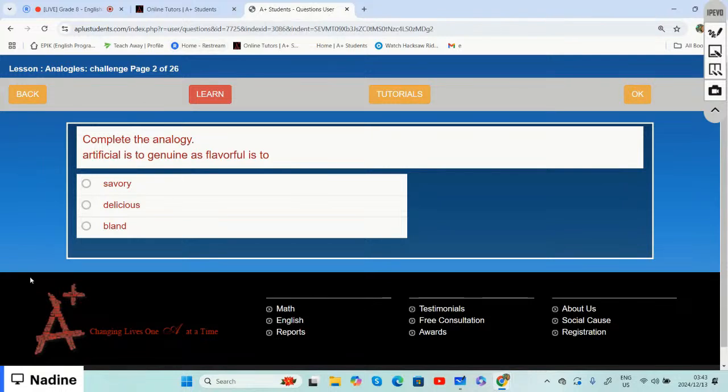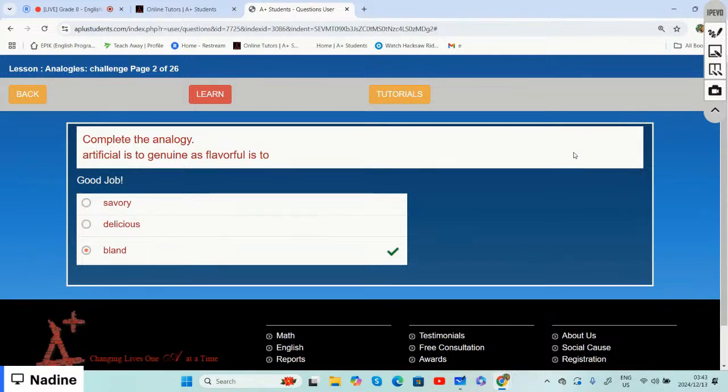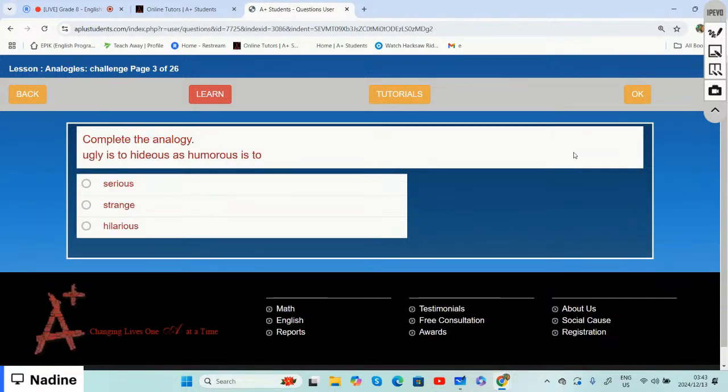I don't know if we must say flavorful is delicious or the opposite, which is bland. Let's try bland quickly. If it's incorrect, then we will go to the next one. Ah, it is actually the opposite. So it's bland. It is the opposite that they showed.